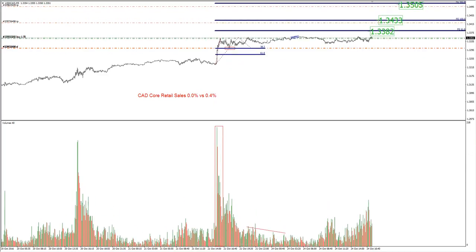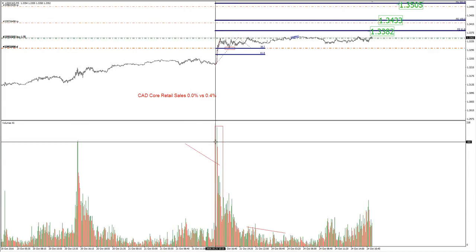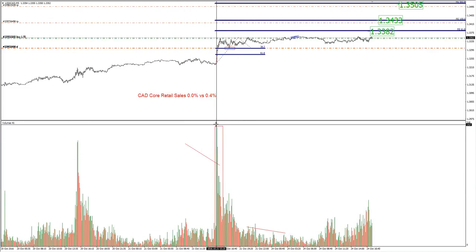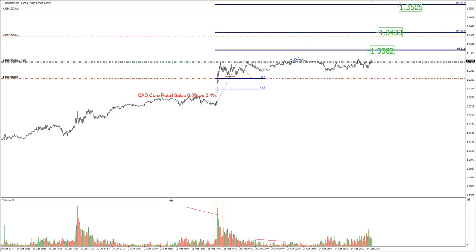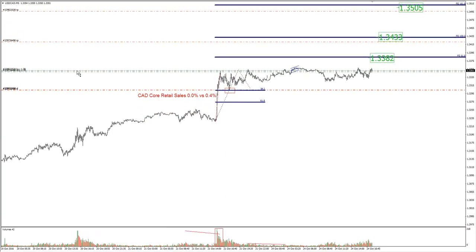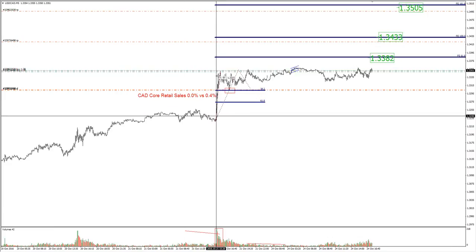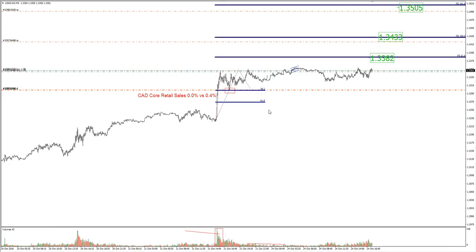This is a tick volume, but it's also on the futures market, the big demand and the big spike up. The price spiked about 100 pips in approximately 20 minutes, right? This is a very big move on this currency pair.